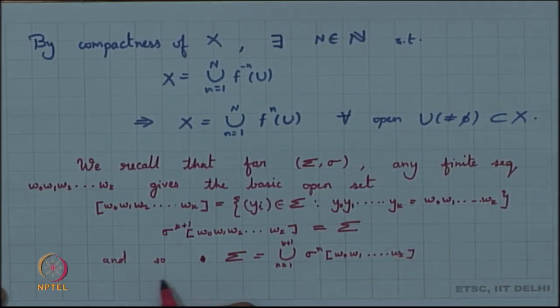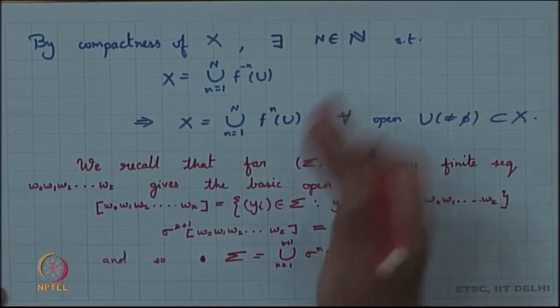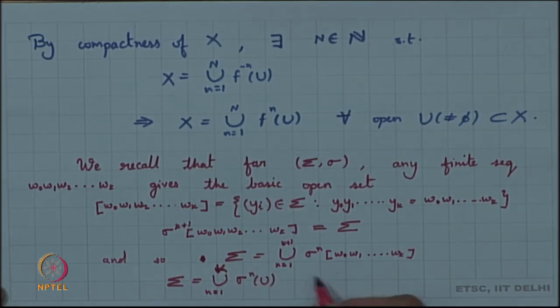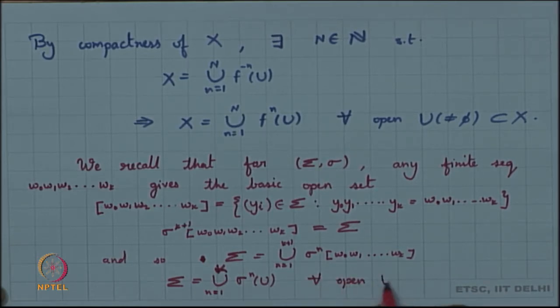And in fact I can say that since this was my basic open set, sigma is the union of n going from 1 to K, maybe some particular capital K, of sigma^n(U), for every open U in sigma.